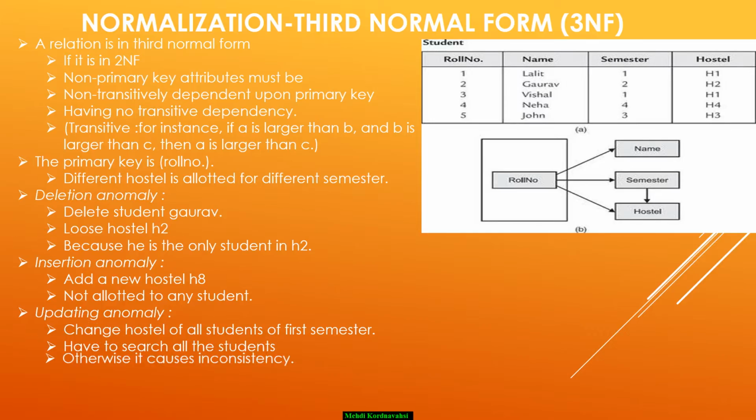Otherwise, it causes inconsistency. Here, two records with semester 1 with hostel H1, and 1 again with hostel H1. If you want to change, you have to change both records.